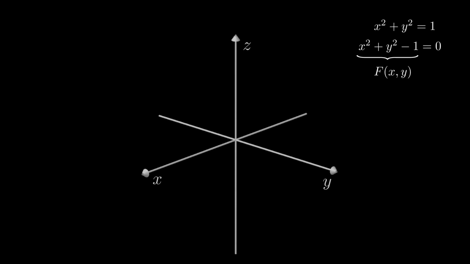Now let's move to 3 dimensions. So I have this equation, and I can do the same, and I call this big F of x and y. So this can be plotted as a 3D surface, right?